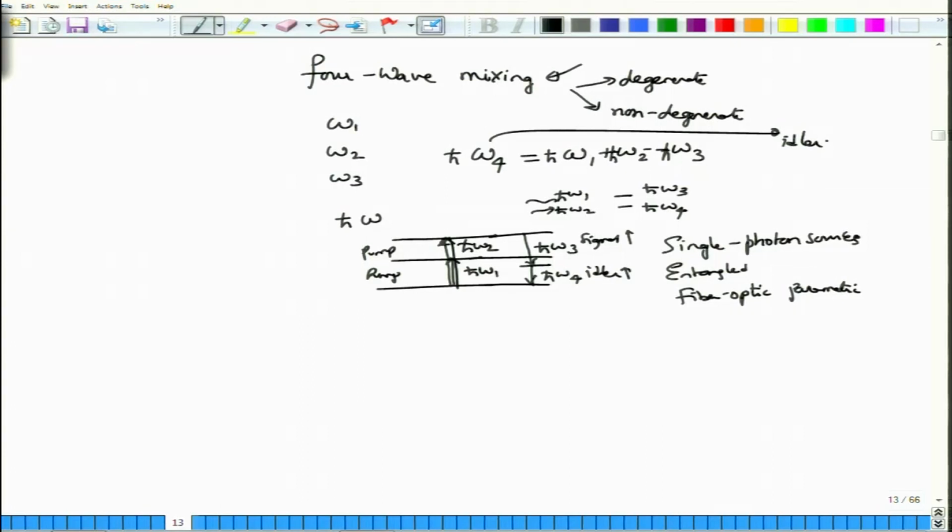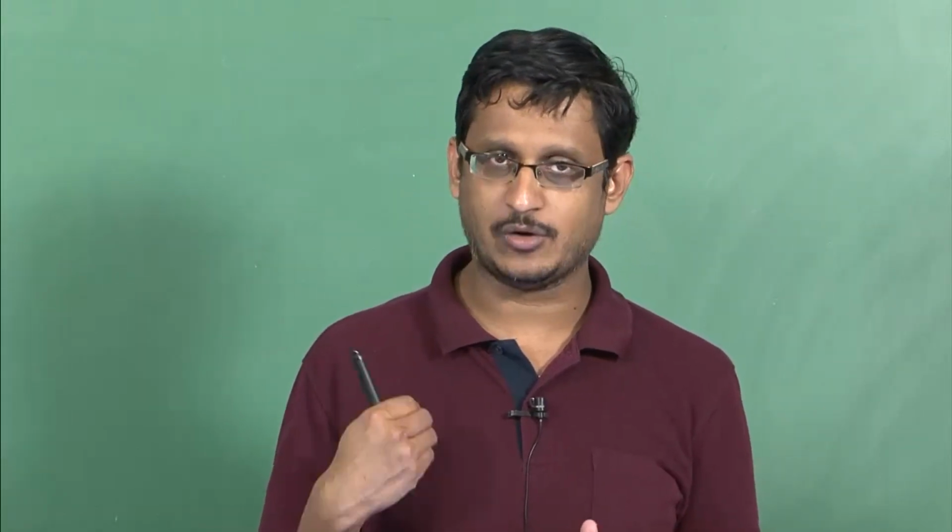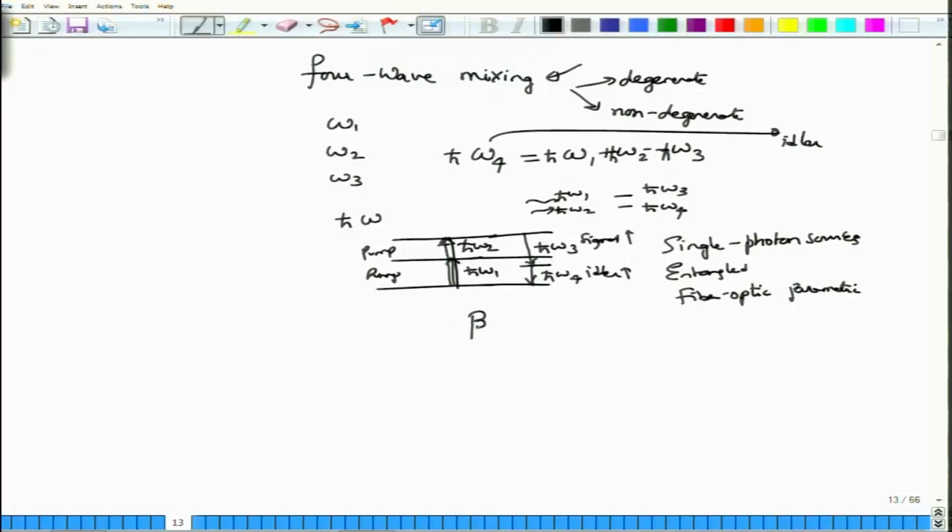Again, the terminology of signal, idler, pump goes back to about 100 or maybe about 75 years, and interestingly this four-wave mixing was first discussed in the context of microwave engineering, not in optical communication systems or optical fibers, but it was in the late 70s, about 78, that it was shown that four-wave mixing can happen in optical fibers as well, and the efficiency of the four-wave mixing is dependent on the dispersion beta 2.